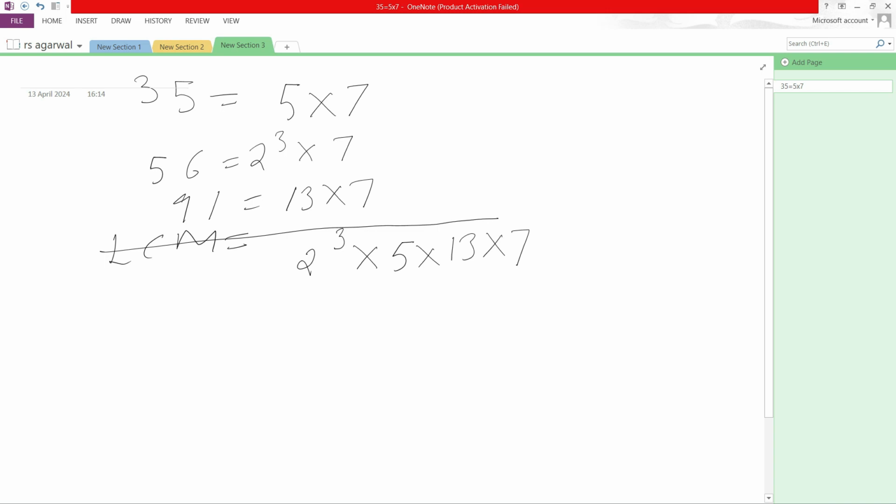So the answer is 3640. Since we have to get the remainder 7 in each case, we'll add 3640 plus 7, equal to 3647. If you want to verify the result, divide 3647 by 35, 56 and 91, and after division we'll get the remainder 7 in each case.